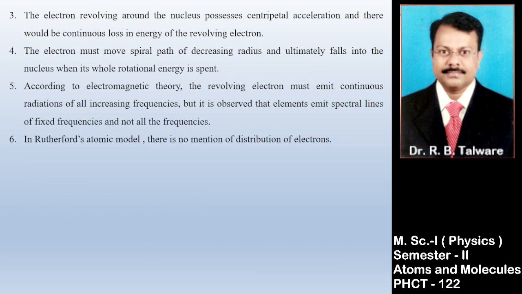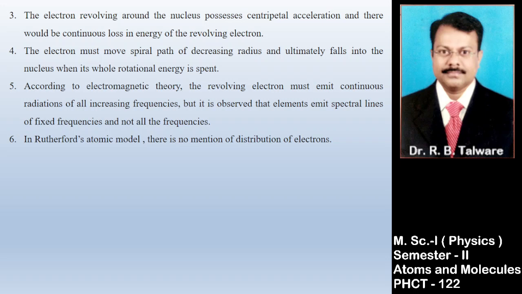Third one is the electron revolving around the nucleus possesses centripetal acceleration and there would be continuous loss in energy of the revolving electron. The electron must move in a spiral path of decreasing radius and ultimately falls in the nucleus when its whole rotational energy is spent.